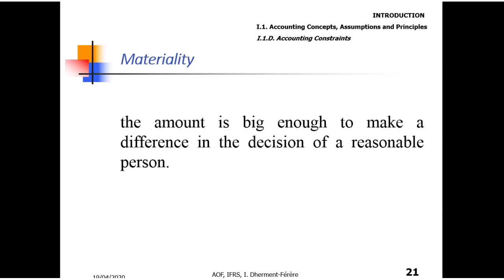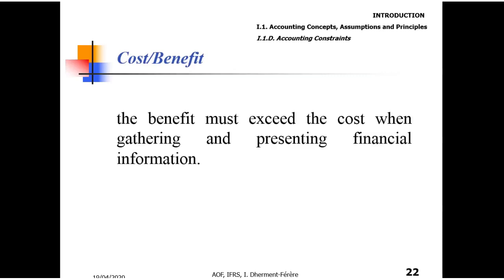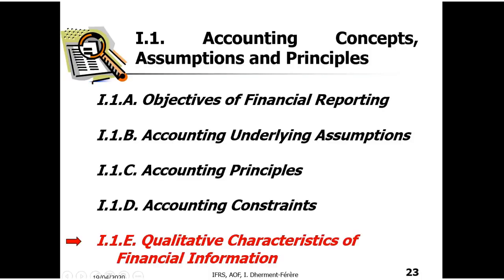Materiality. The amount is big enough to make a difference in the decision of a reasonable person. Cost-benefit. The benefit must exceed the cost when gathering and presenting financial information.